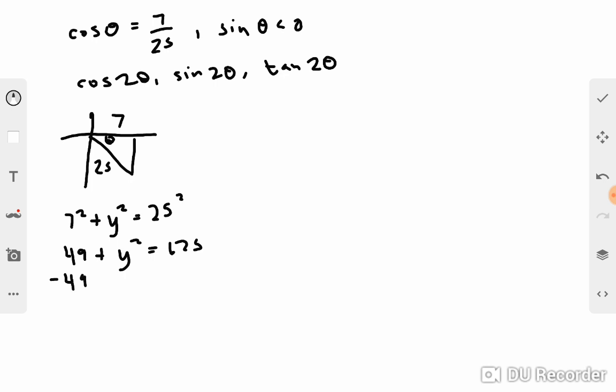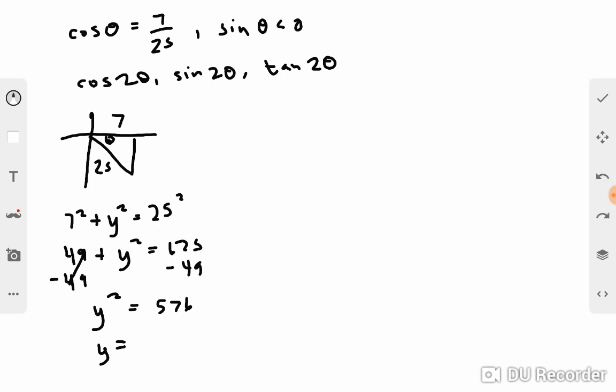And then we move that 49 over there, and we should get y squared is equal to 576. And then when we take the square root on both sides, the square root of that is going to be equal to 24.